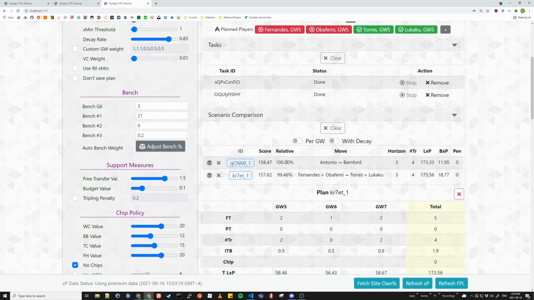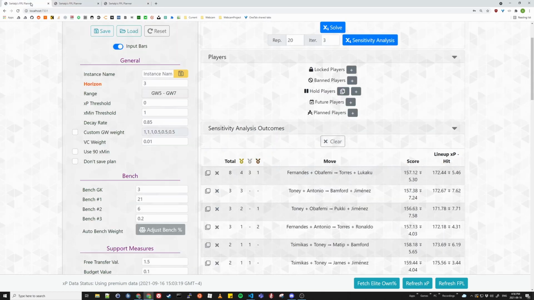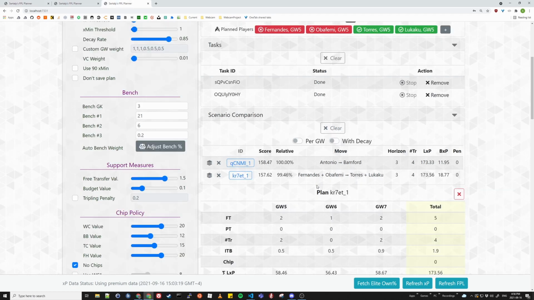So the first solution, by the way, is the one where I didn't do any changes. I just solved the problem, and it told me to get rid of Antonio and get Bamford. And in the second one, I actually used the suggestion I got from the sensitivity analysis, the top solution.